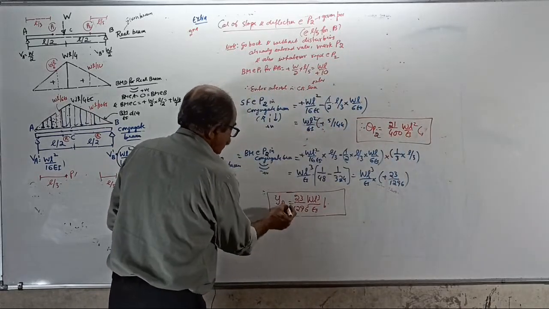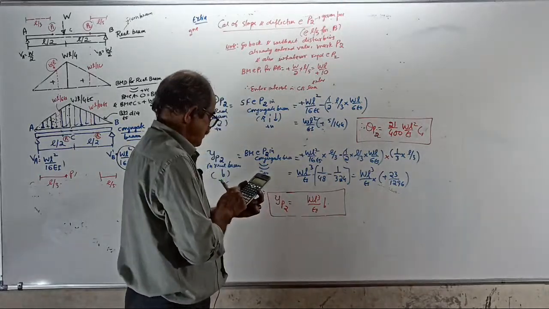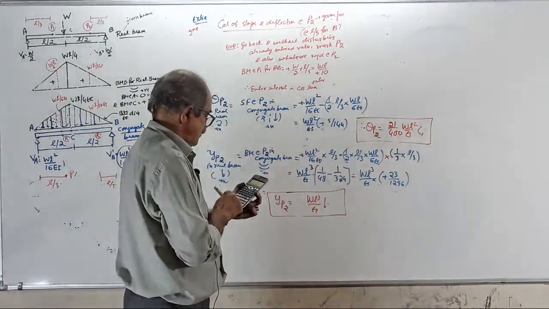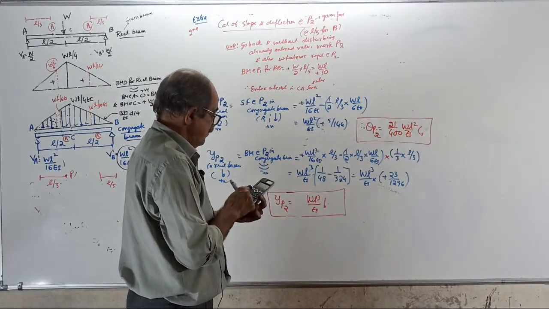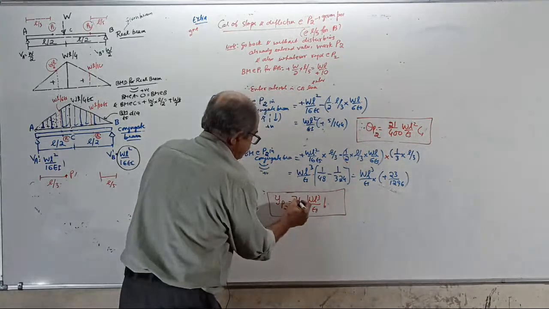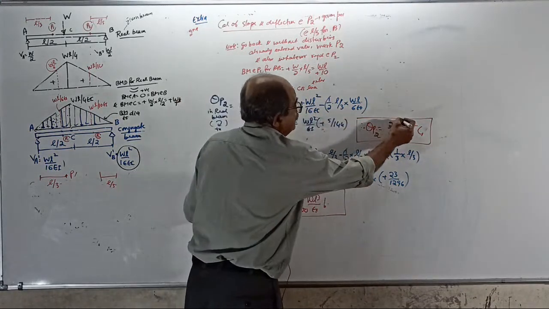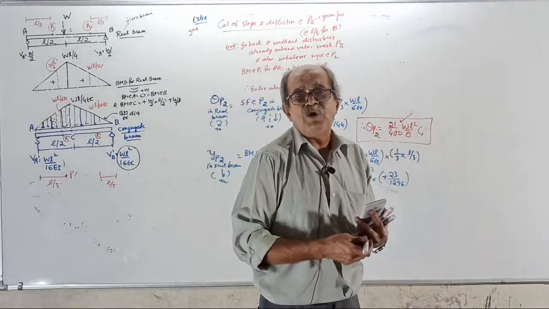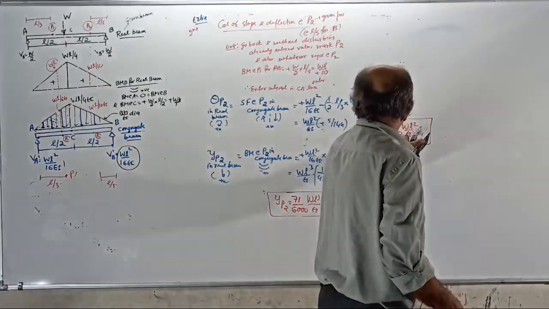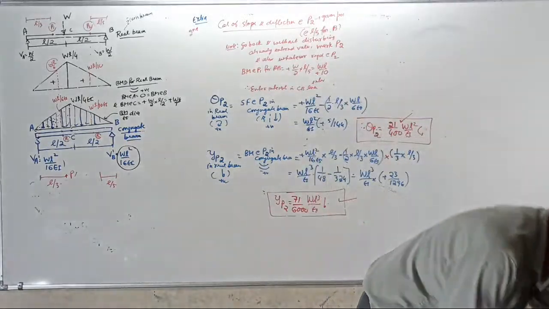And I am so sure deflection at P2 is 71 by 6,000. Tell me, is this value that I found once again the same answer I wrote earlier?